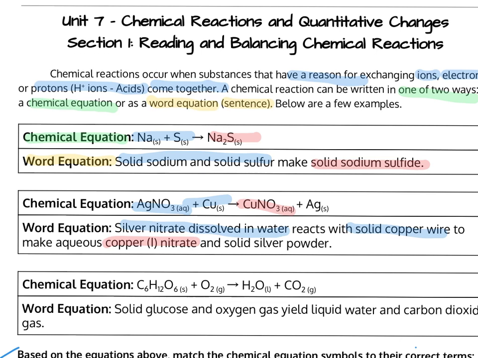So the name actually gets the charge inside it. And then we have silver solid. So this should look familiar as a single replacement reaction that we saw last unit, where the copper here must have a higher reactivity than the silver in order to kick it out. Woohoo! Bringing things back around.